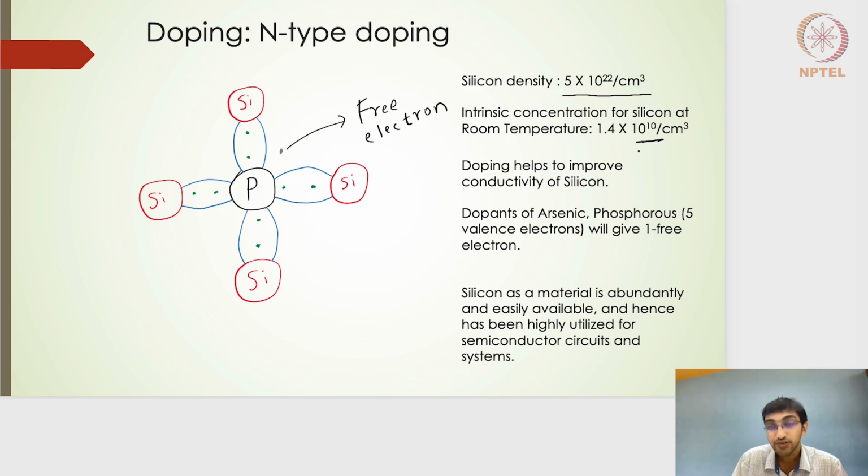So 1.4 into 10 raised to 10 such bonds can be broken, and thereby we get 10 raised to 10 free electrons, or majority carriers, that will flow towards the positive potential, because they are electrons, and thereby we get current. But in 1 centimeter cube of the silicon block, if I only get 10 raised to 10 electrons, the amount of current it generates is very, very low.